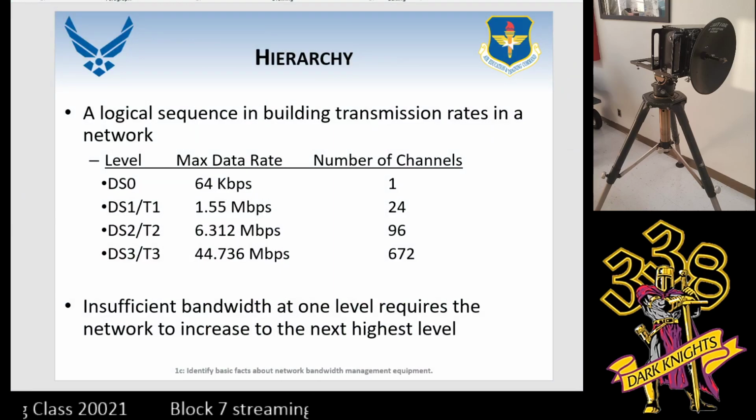But if you have a requirement for a higher data rate or more users that need access to more channels, you would have to bump yourself up to that T1 line, and that can facilitate up to 24, and so on. I think your study guide workbook goes up to a T4 line, if I'm not mistaken, whenever it's talking about the levels and the data rates.